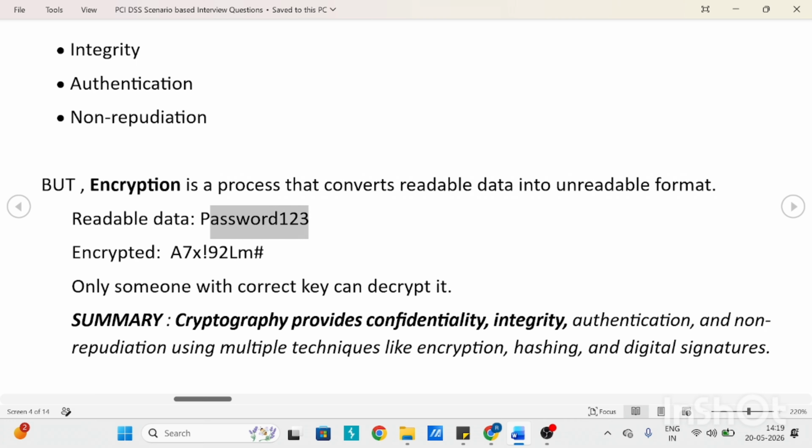For example, you have a password of 123. The encrypt method will encrypt it in such a way that no one can read it unless they have the correct key. So crypto provides confidentiality and integrity, while encryption provides only confidentiality, right? This is the main difference between crypto and encryption.